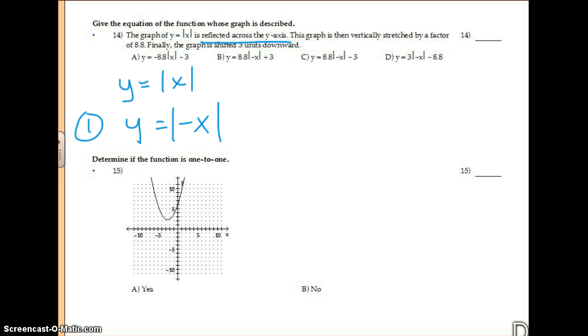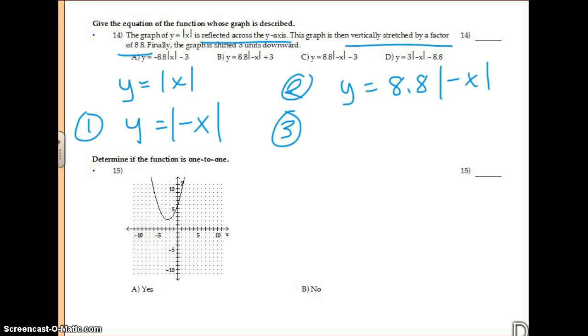This graph is then vertically stretched by a factor of 8.8. When we do a vertical stretch, the whole function is multiplied by the factor. So that would be the second thing, to take our whole function and multiply it by 8.8. And so now that's our function.